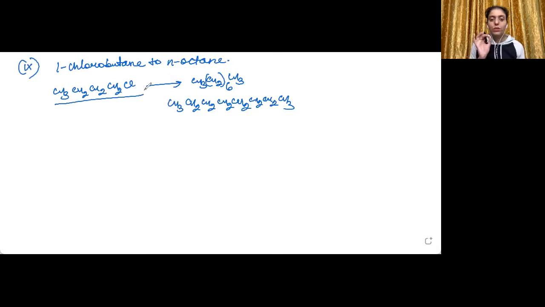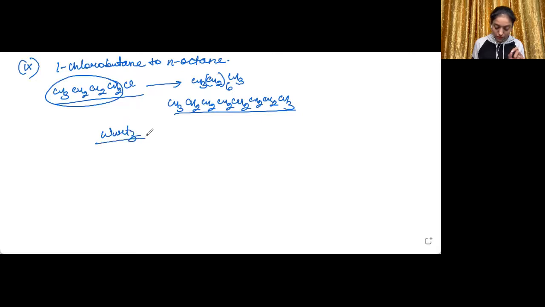Just from simple observation, you will be able to find that 2 butyl groups are getting merged to form this molecule. Okay. Now, when these two alkyl groups get merged, it is the Wurtz reaction.